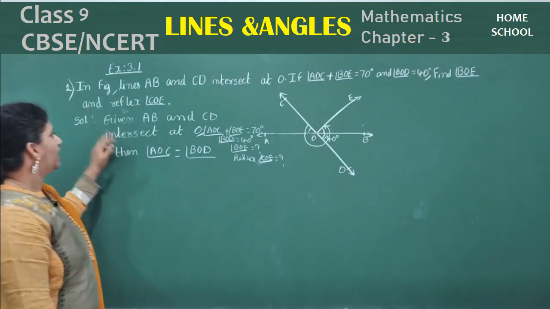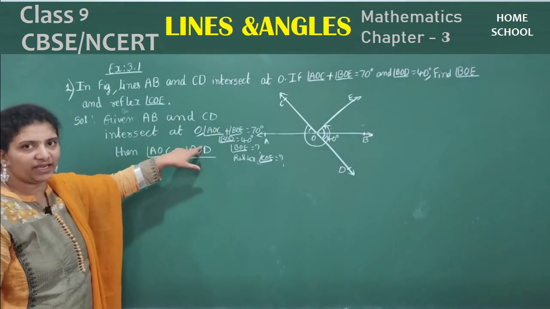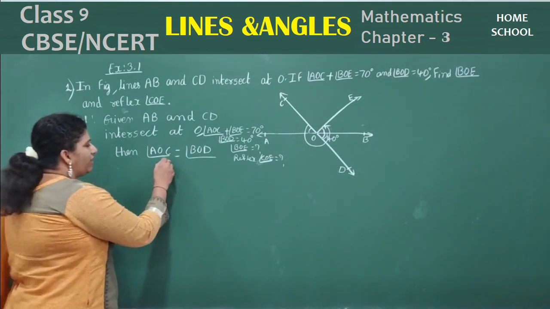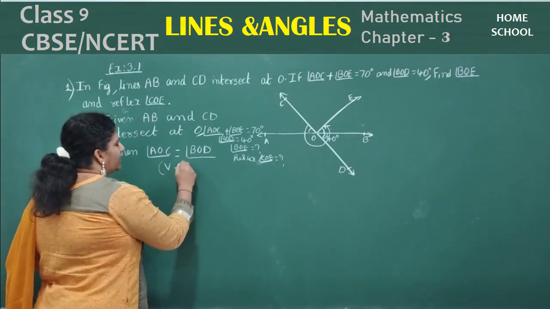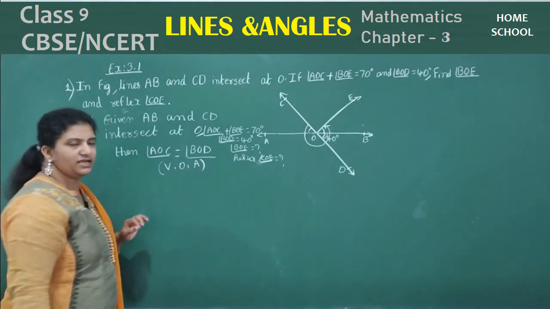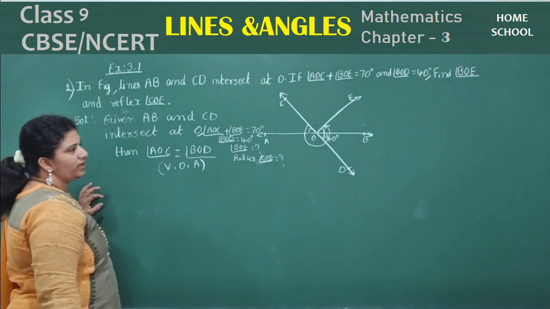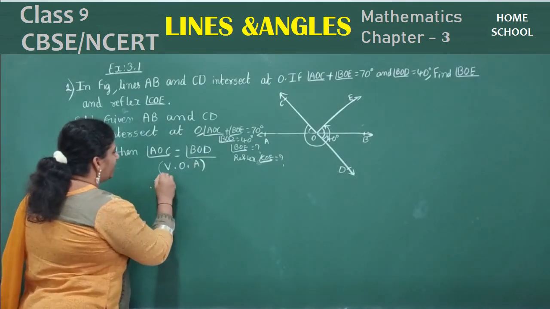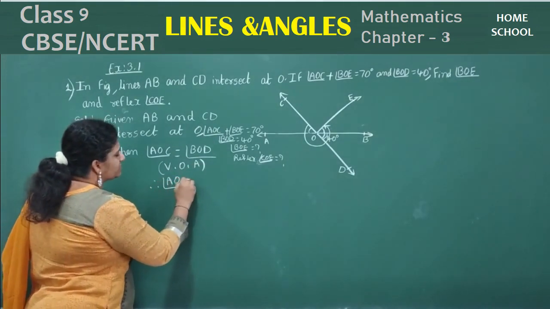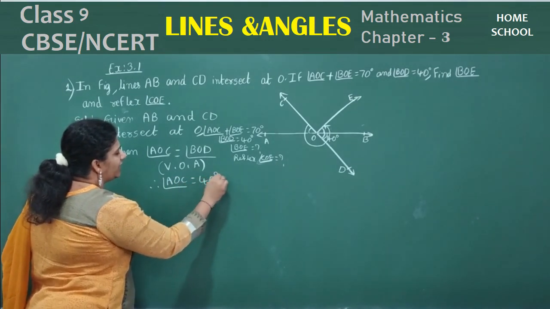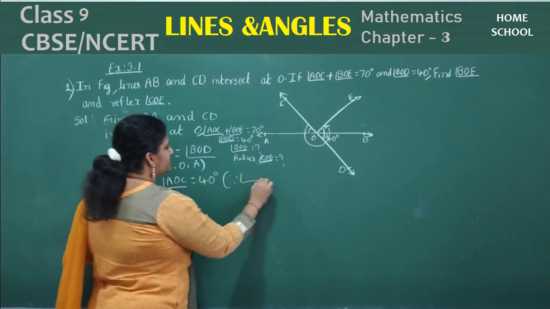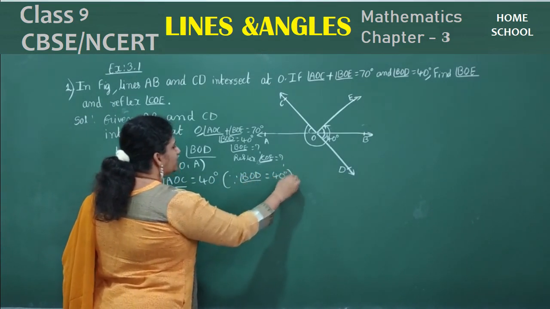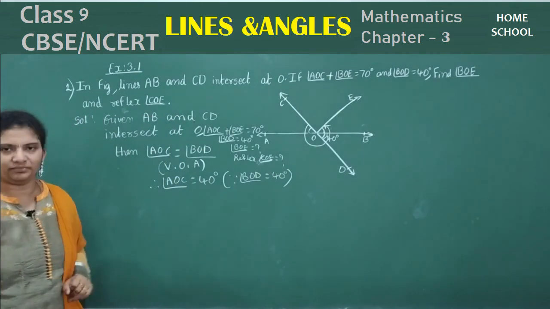Then see here, as the lines are intersecting at O, what can I say? Then the opposite angles are equal. How am I saying this? By vertically opposite angles. But what is BOD, children, here? BOD is 40 degrees. Therefore, angle AOC is also equal to 40 degrees. Why? Since angle BOD is equal to 40 degrees, I have substituted that one.